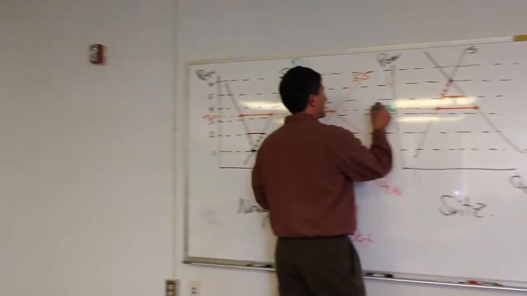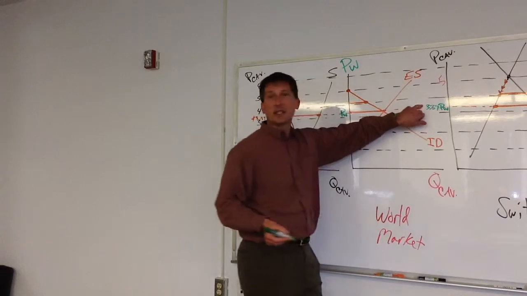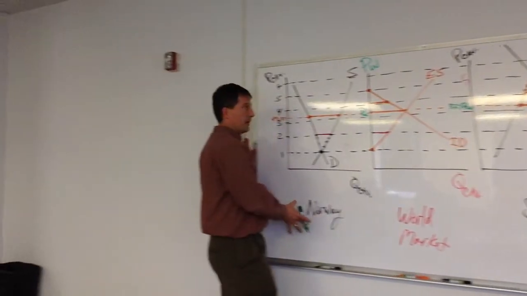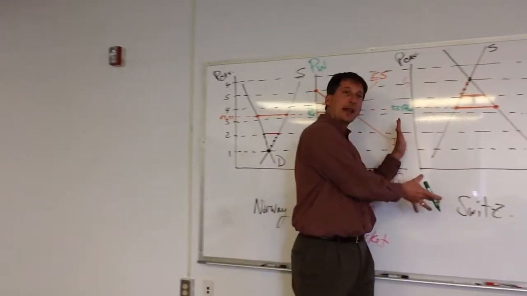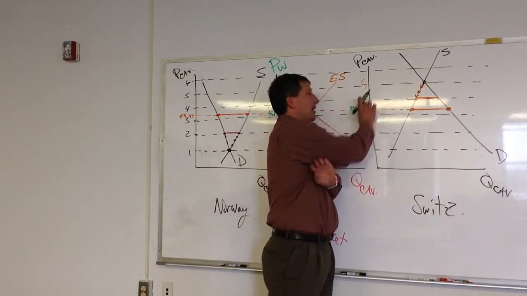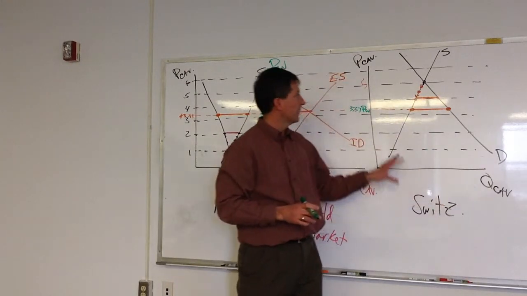So if the world price was $3.37, maybe they were able to pass along a 50-cent tariff. So when the Norwegians come across and they get confronted with the 50-cent tariff, that's going to be added on to that world price in the small country case.